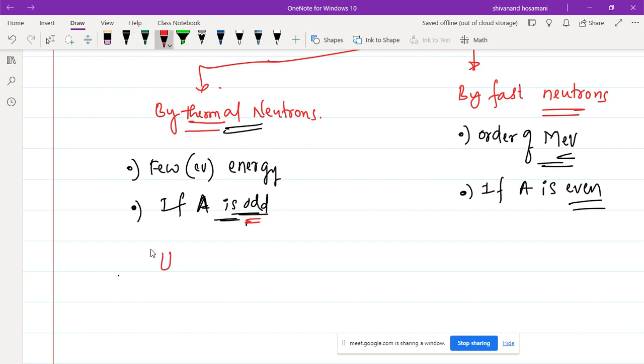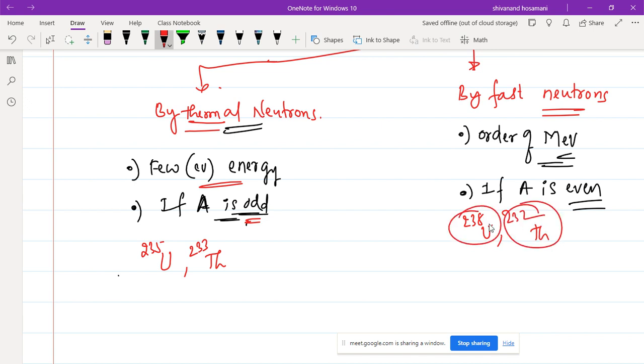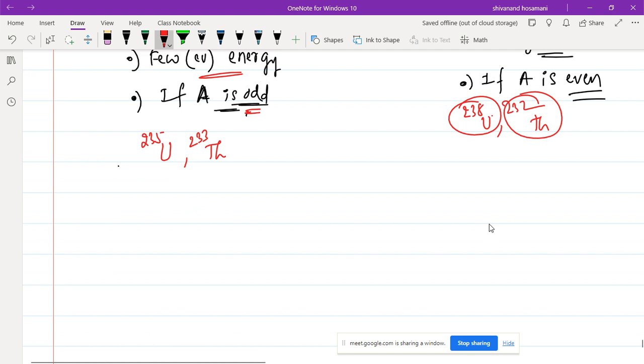For example, uranium 235 ಇದು odd nucleus ಐತಿ. ಇನ್ನೊಂದು thorium 233 ಇದೆ, ಇದು ಕೂಡ odd nucleus. ಸೊ ಇಲ್ಲಿ thermal neutrons with few energy ಇದ್ದ ಪಾರ್ಟಿಕಲ್ ಅಟ್ಯಾಕ್ ಮಾಡಿದ್ರು ನಡೀತೈತಿ. Fast neutrons ದಲ್ಲಿ ಬಂದ್ರೆ, ಯುರೇನಿಯಂ 238, ಥೋರಿಯಂ 232 ಈ ನ್ಯೂಕ್ಲಿಯಸ್ಗಳು ಇವೆ. ಅಲ್ಲಿ ಎನರ್ಜಿ ಜಾಸ್ತಿ ಬೇಕಾಗ್ತದೆ.